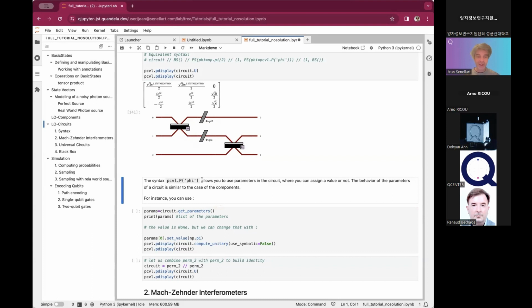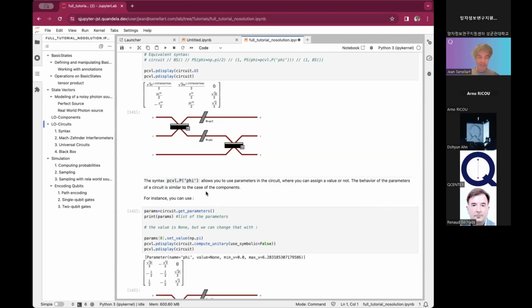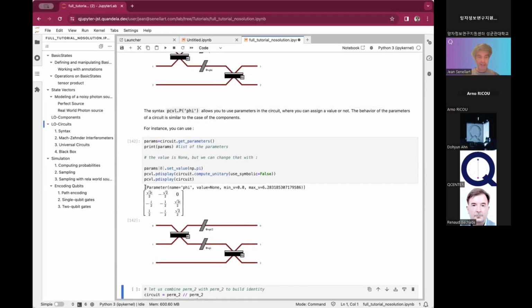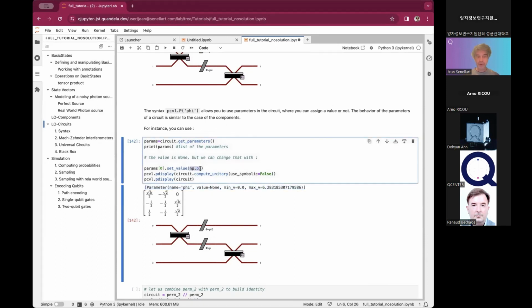So again, we have this parameter phi that we can make vary and change the value of. The way to do that: I list all the parameters in my circuit. So there is phi, there is no value. And then I can put a pi value on this parameter.